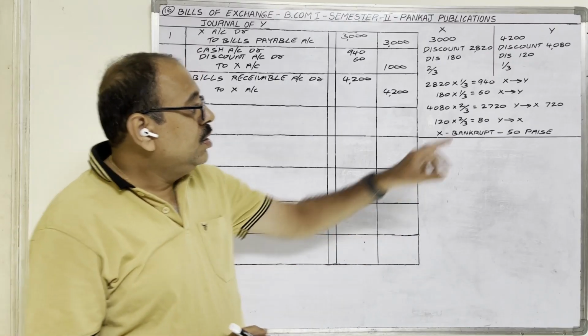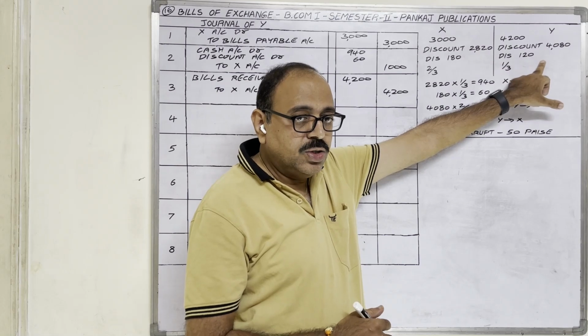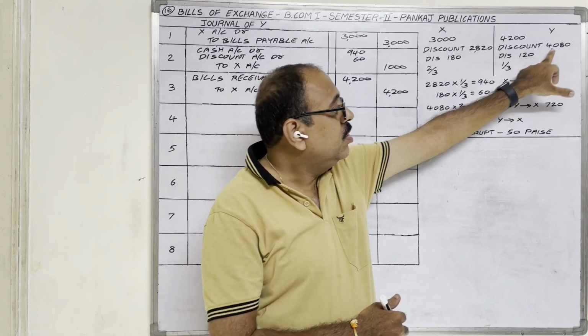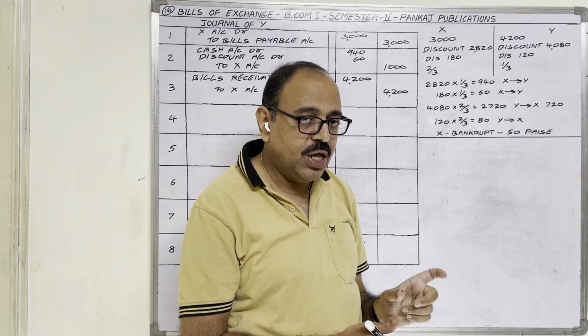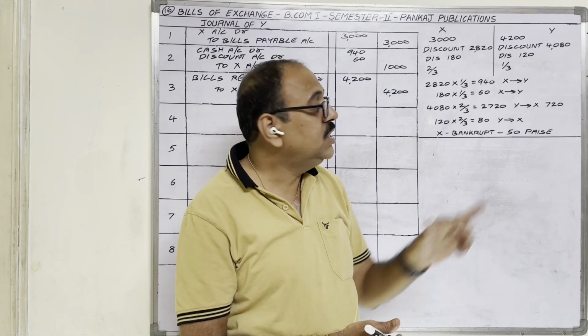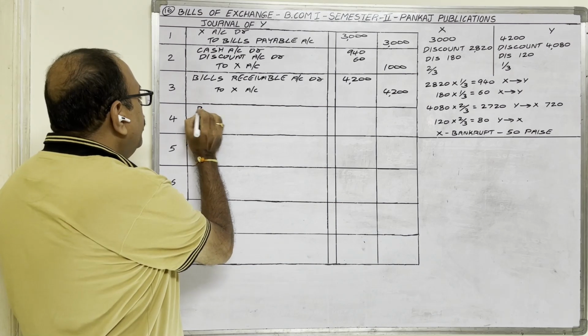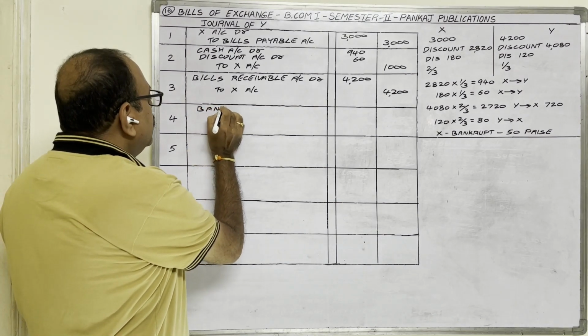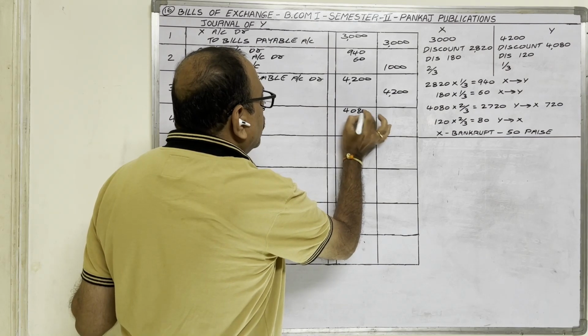Next, this bill is discounted by Y in bank. So to bank account of Y, 4,080 rupees coming. So bank account is a personal account. Personal account rule, debit the receiver, credit the giver. Bank is receiving 4,080 now. Debit bank account with 4,080 rupees. Bank account debtor 4,080.